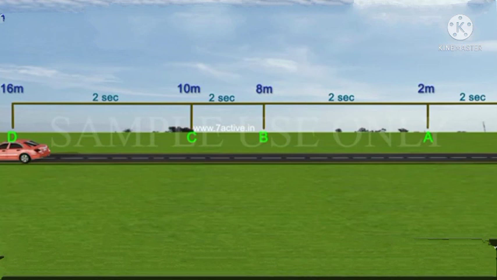For each 2 seconds, the distance has varied. First it crossed 2 meters, next 8 meters, 10 and 16. But the time is equal. This is an example for non-uniform motion, which denotes unequal distances are covered in equal intervals of time.